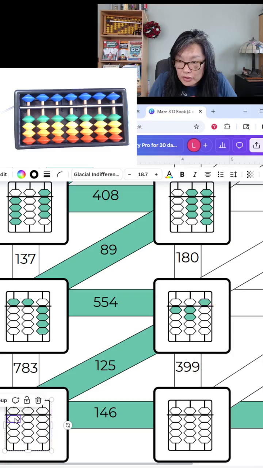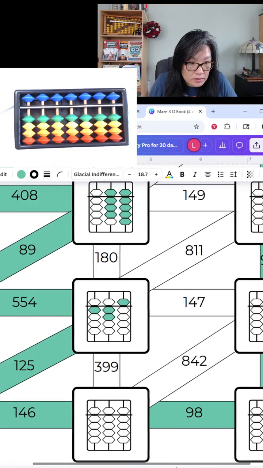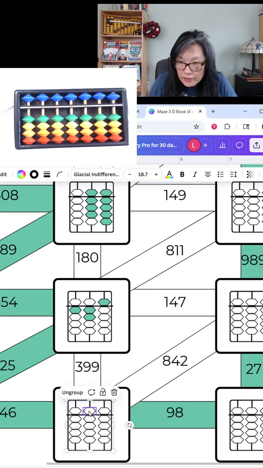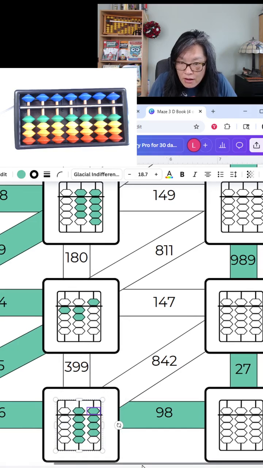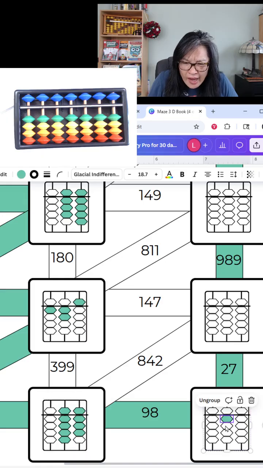And then we have 146. And then we have this one. We have 89. 98. 7.